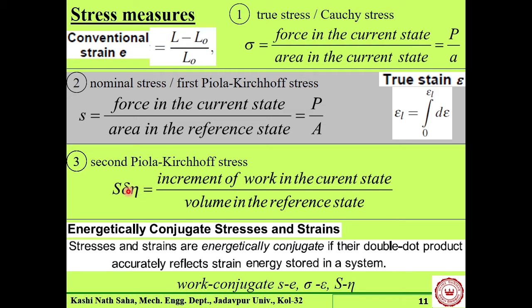And with this, stress into strain is a measure of energy per unit volume, and when we multiply this with volume in the reference state, that means the original volume, this gives us the increment of work in the current state.